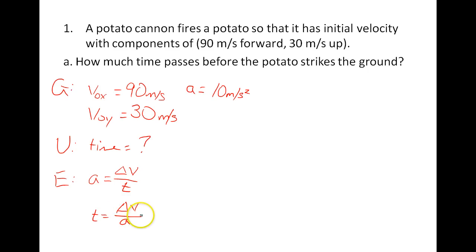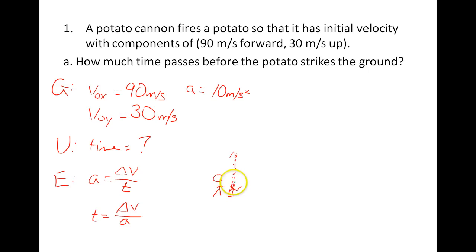Alright, so then we need to figure out a change in velocity of the object. Now, we only are going to be dealing with the vertical component of this. This ends up being a free fall problem if we do that. So we're going to look at this potato being launched from the ground, shooting up to some height, and then falling directly back down on itself, right back down to the ground.